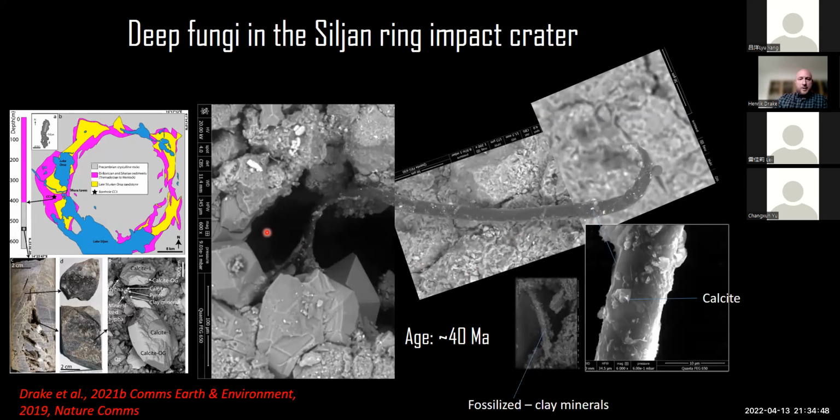And we have also found the same at depth in the Siljan impact structure in Sweden, the largest impact structure in Europe, actually. It's 380 million years old. And in pockets and voids, we found calcite crystals that have methanogenic signatures. They are heavy in isotope composition, and they sit together with these fungal hyphae that are partly fossilized to clay minerals. They are definitely not modern contaminations, and they have calcite precipitates on them, and the calcites have a heavy isotope composition that reflects methanogenesis.